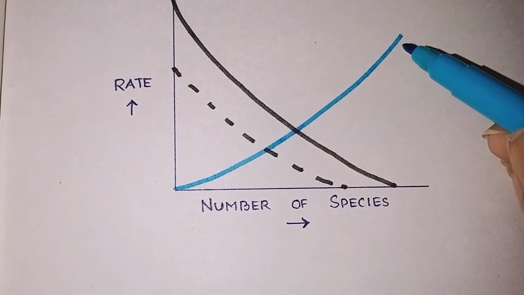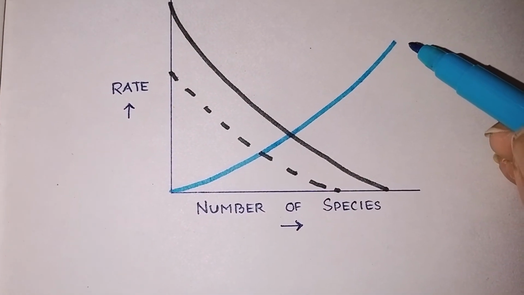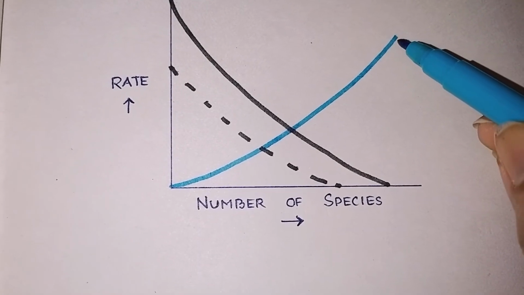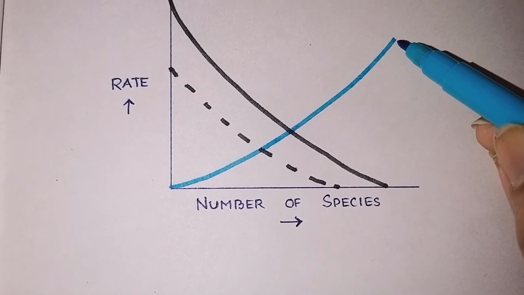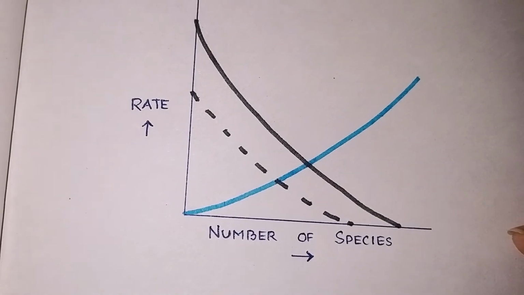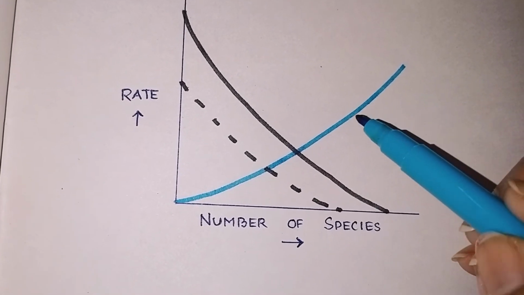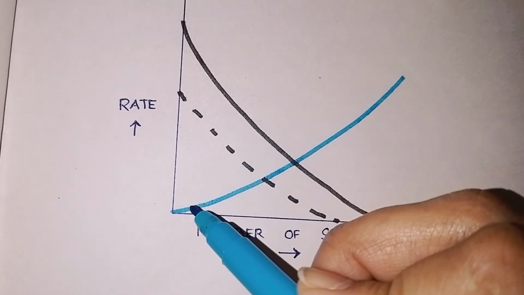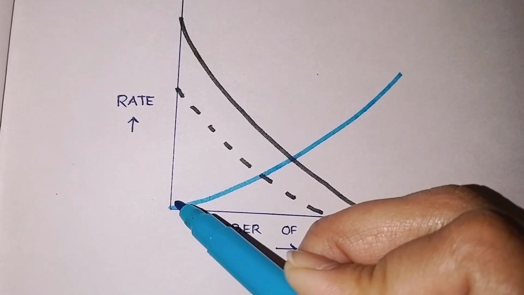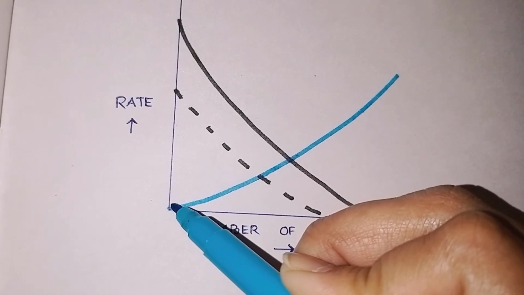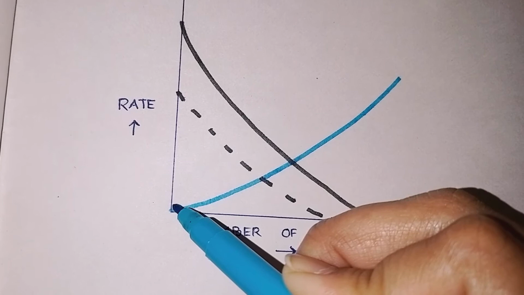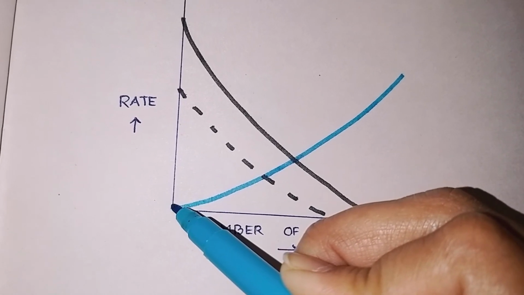So this is the curve that denotes the rate of extinction in near island. Now we'll plot the same for the island that is further away from the mainland.